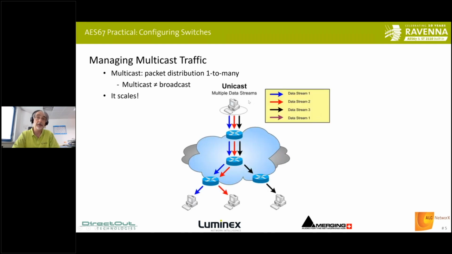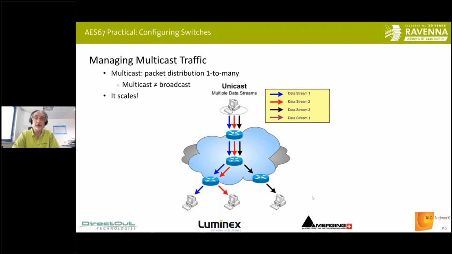How's that? In a unicast situation where we want to transport the same content from one sender to multiple receivers, we would have to send out a number of identical unicast streams to reach each of the intended receivers.